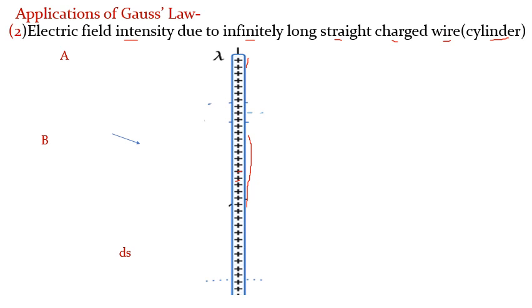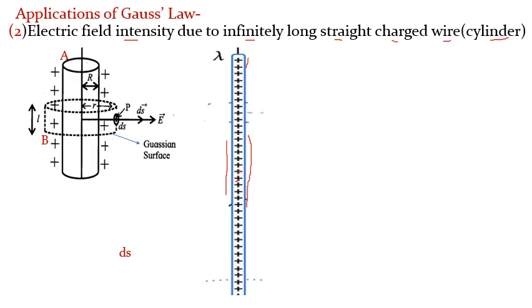While considering this derivation, we have to consider a small portion of this wire but in enlarged form, and this is taken here. This is the small portion of that wire in enlarged form, whose radius is capital R. These positive charges are deposited on this wire.